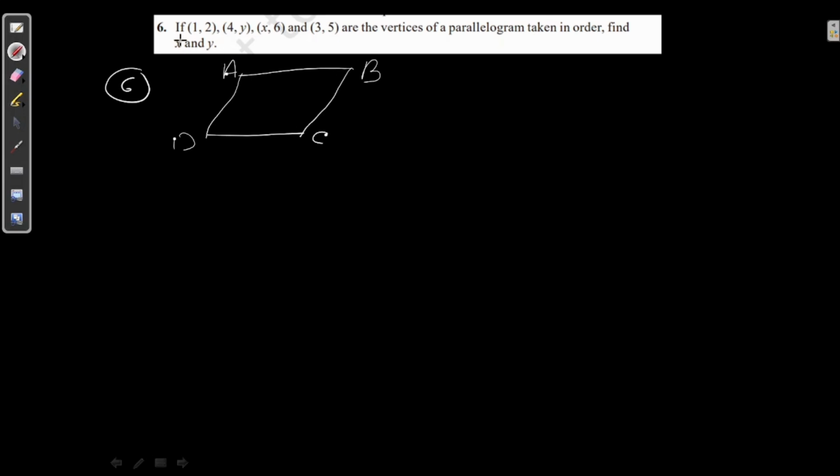So they are saying 4 points are there and they are taken in order. If this is point A, then the vertex of point A is the first one, which is (1, 2). For point B, the second point, it is (4, y).